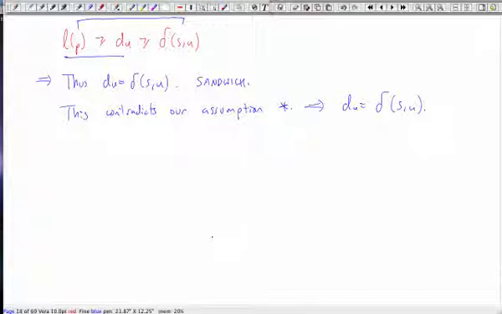Because if there was no path, then delta SU would be infinity. Okay? So what could du be? Du can't be infinity because du is not equal to this, so it can't be infinity. But du is always larger than delta SU. So what could be larger than infinity? Doesn't make sense.